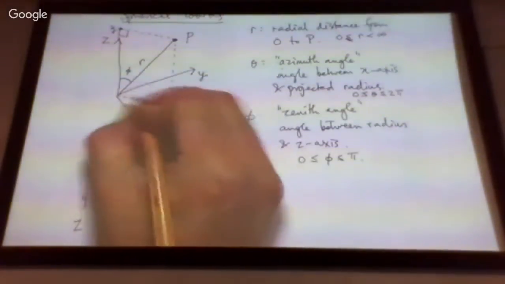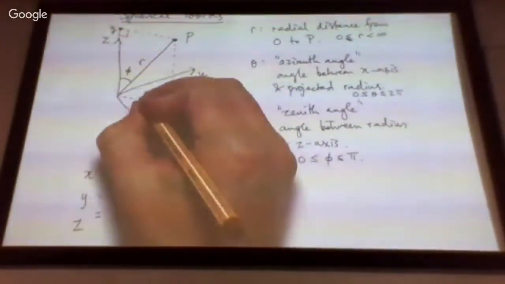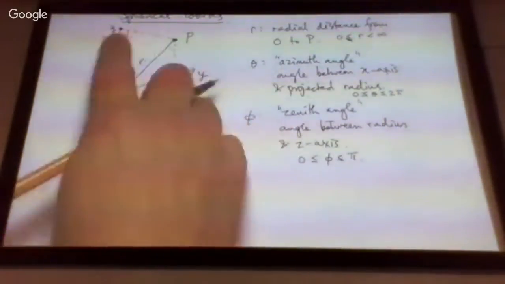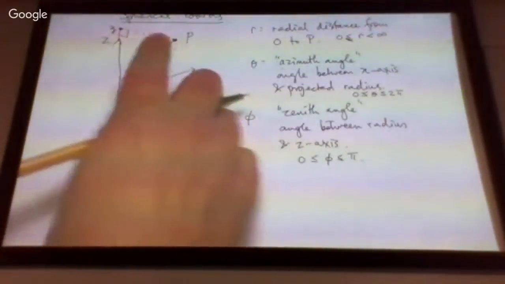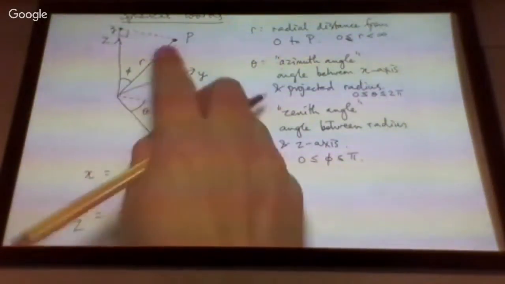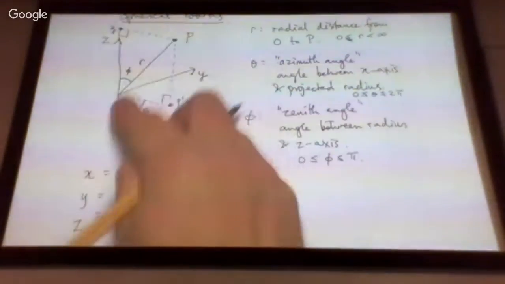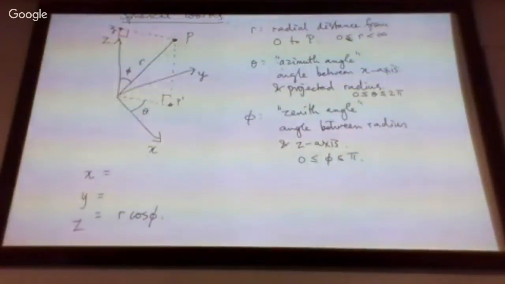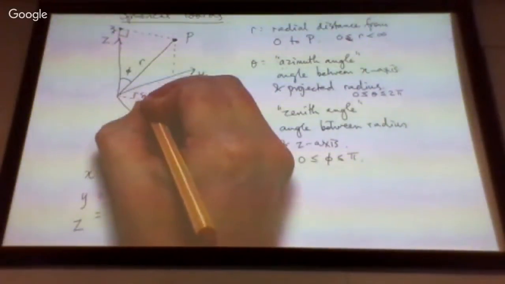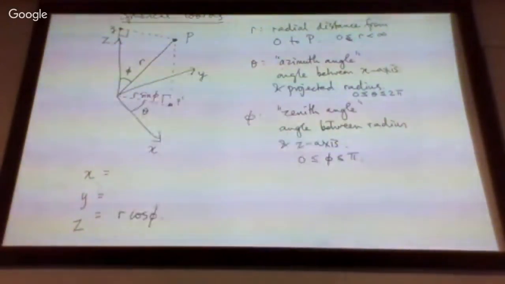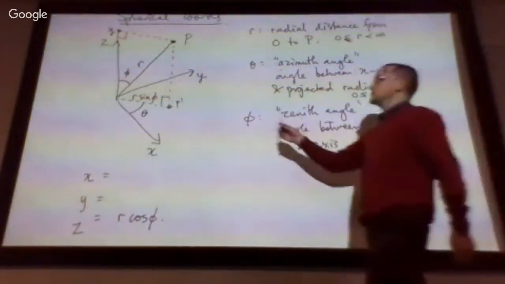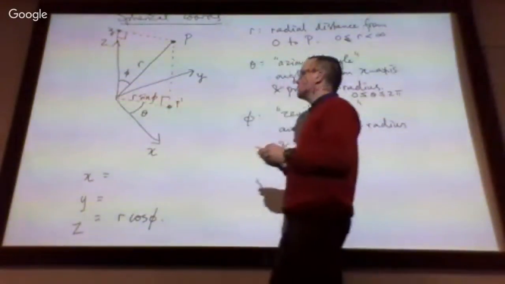Then the length of this projected radius is the same as this length up here by equivalence. This is involving a triangle with r as the hypotenuse and phi as the angle. So that's r sine phi. r sine phi is the length of this projected radius down there.